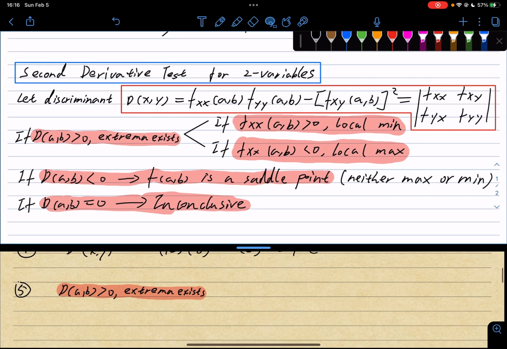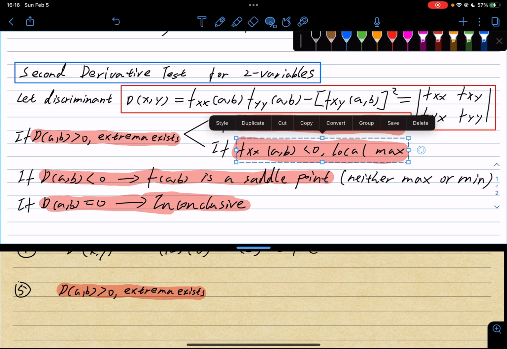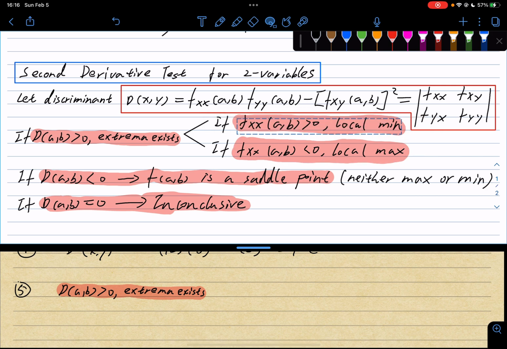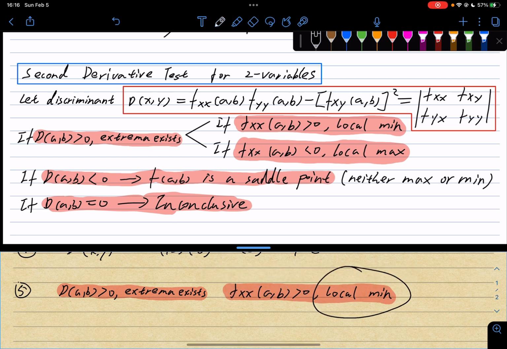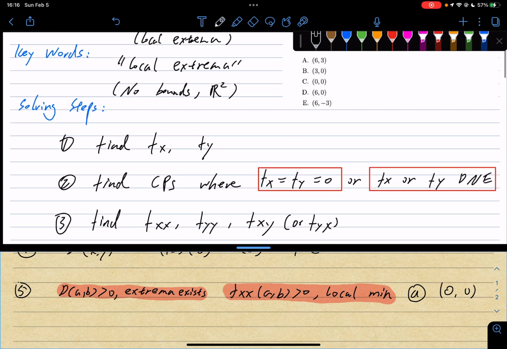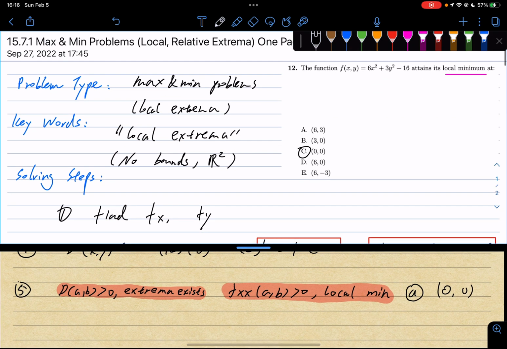So that means fxx is greater than 0. It's a local minima. So there is your answer. It's a local minima at (0, 0). The answer choice is C.